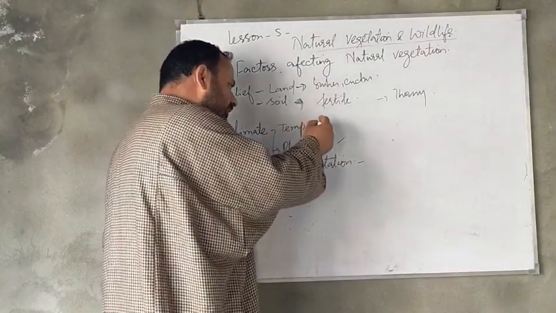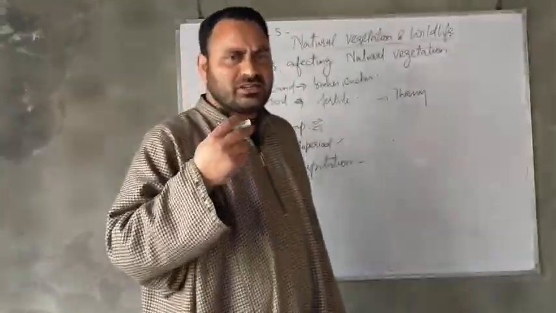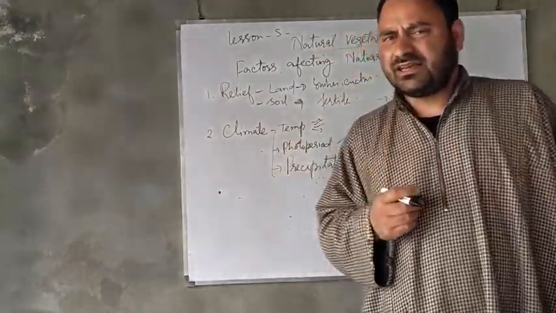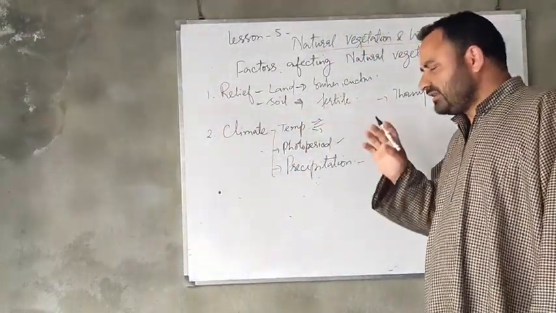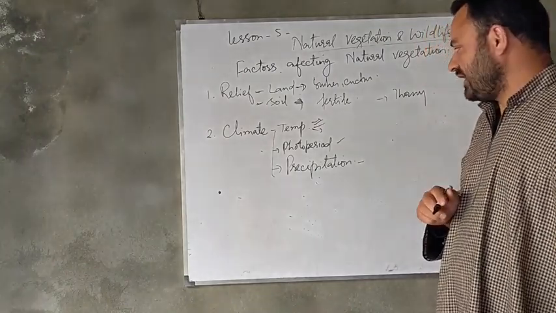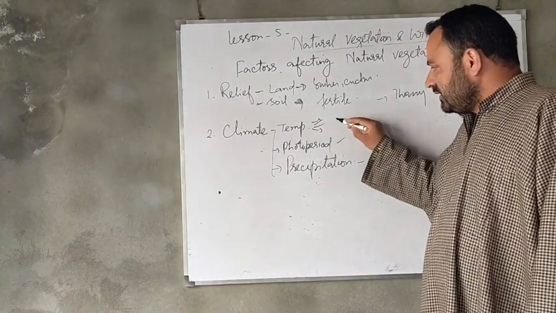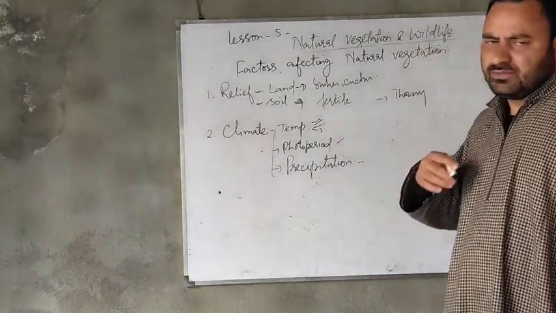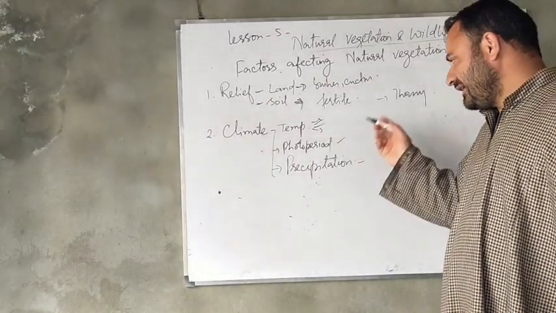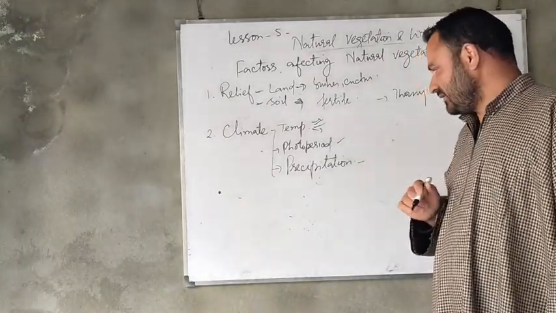And the places which are cool or cold are generally devoid of vegetation, or less vegetation is found in those areas. So, the more the temperature, the more the plant cover, and the less the temperature, the less the plant cover.